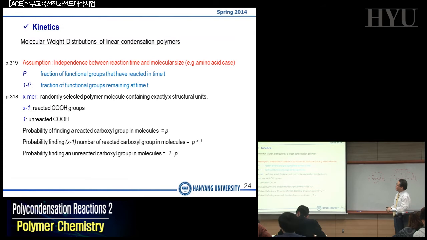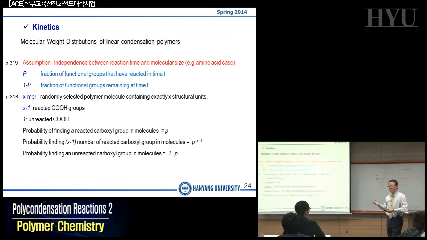Okay. The Carothers equation that we have just talked about is the very simple Carothers equation, but I wanted to describe this rate equation and extend the simple Carothers equation to explain the molecular weight distribution.